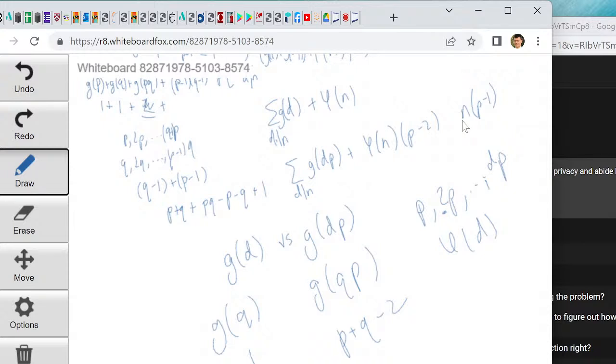Okay, and then somehow got to remove. I need to minus something. The q minus 1 here is the phi of q. Where does the p minus 1 come from?